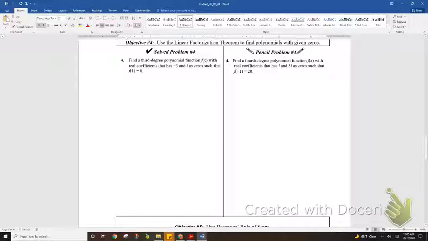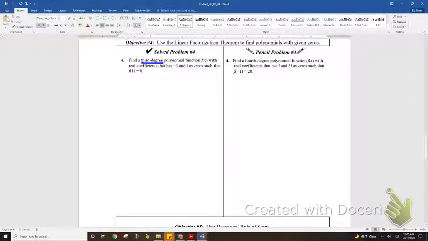Alright. First thing is, guys, imaginary numbers come as conjugates. They come as complex pairs, okay? So if I have positive i as a 0, then automatically negative i is going to be 0 as well. Third degree polynomial here, this degree tells us how many zeros we should have total, right? It also tells me that my largest exponent is going to be x cubed.